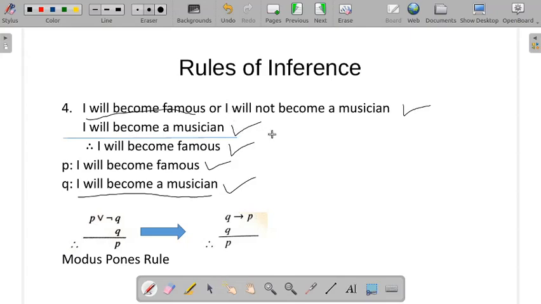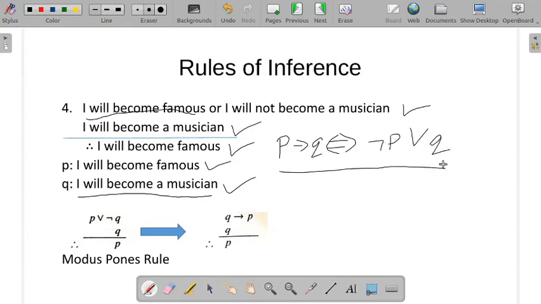One result you have to remember: P conditional Q is logically equivalent to negation P or Q. Remember, this is a very important result, so we will be using it. You also know that one compound proposition can be replaced by a logically equivalent compound proposition in an equation.